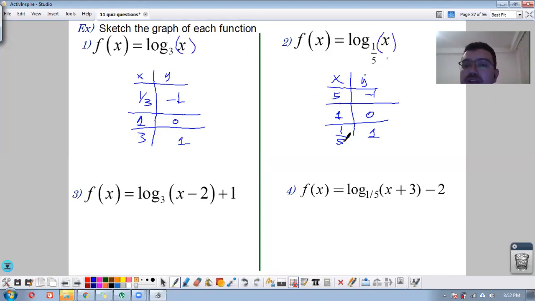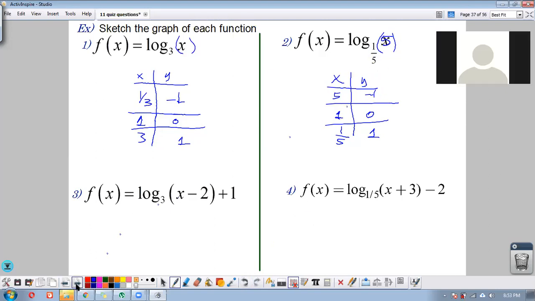We need to put these numbers because we can get a result for the logarithm. For example, if I put 4 in here, which power of 1 over 5 is 4? I cannot find the result. But when I put 5 for the logarithm, which power of 1 over 5 equals 5? Power minus 1.